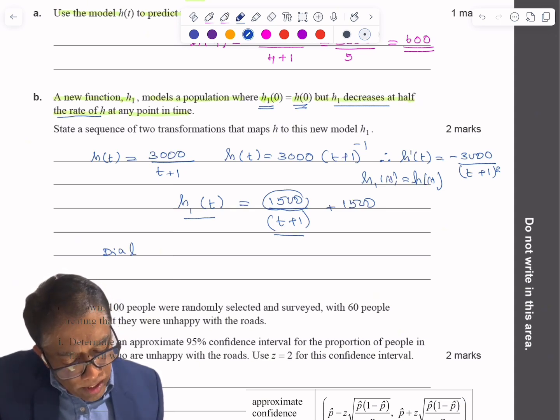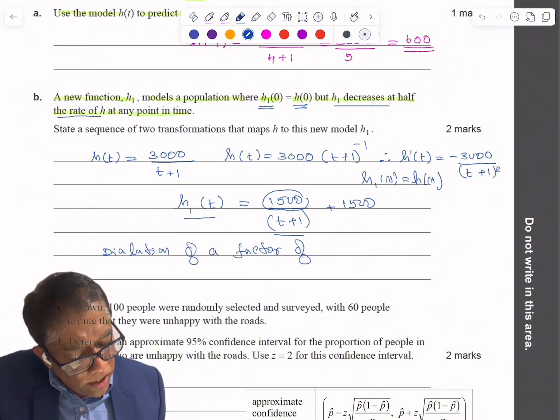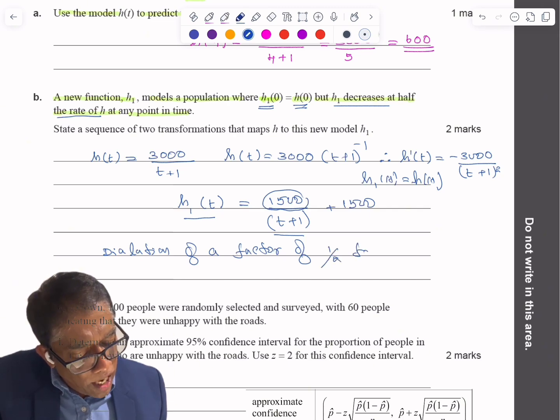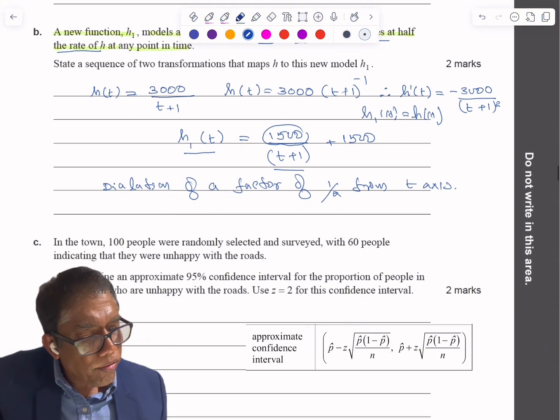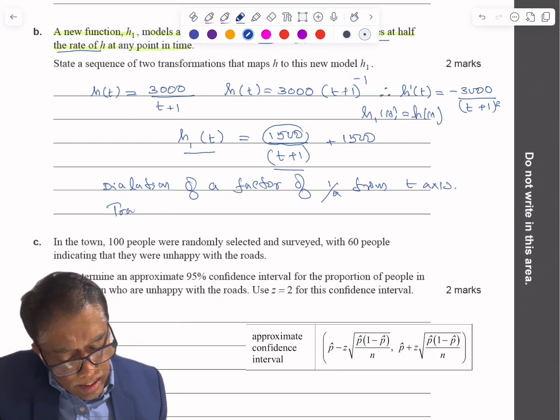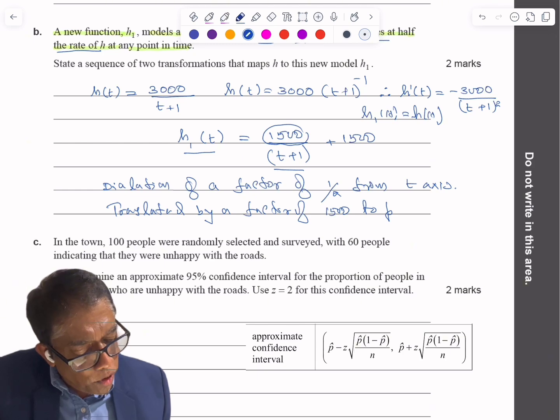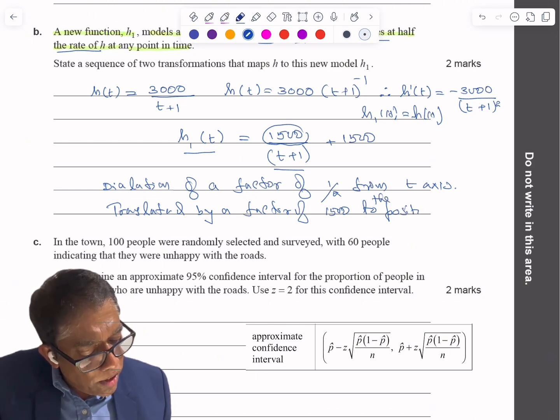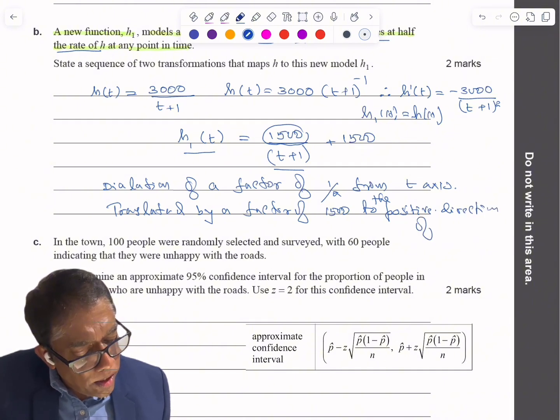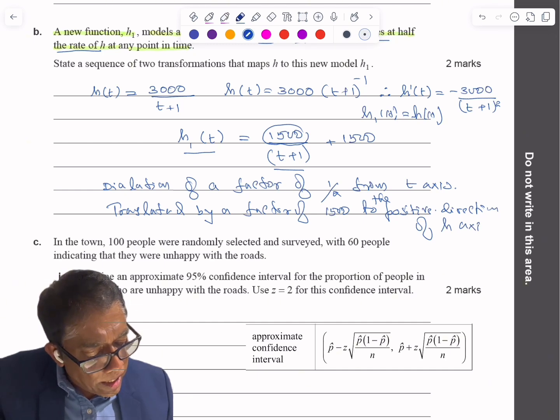Dilation by a factor of half from the t-axis, and translated by 1500 in the positive direction of the h-axis.